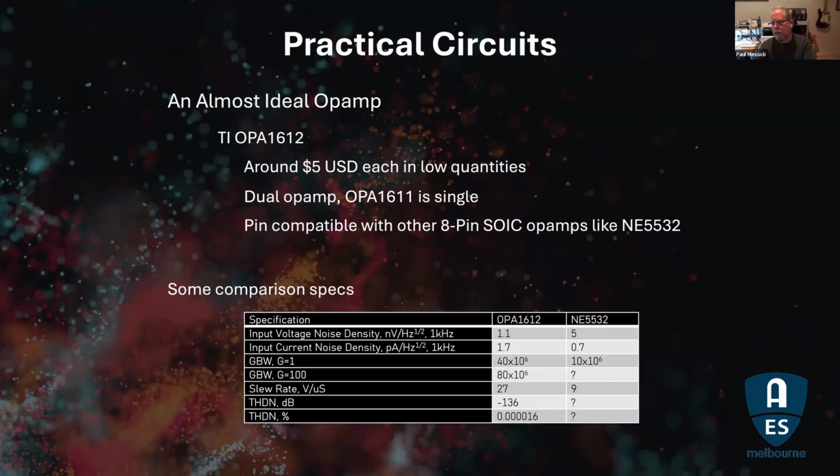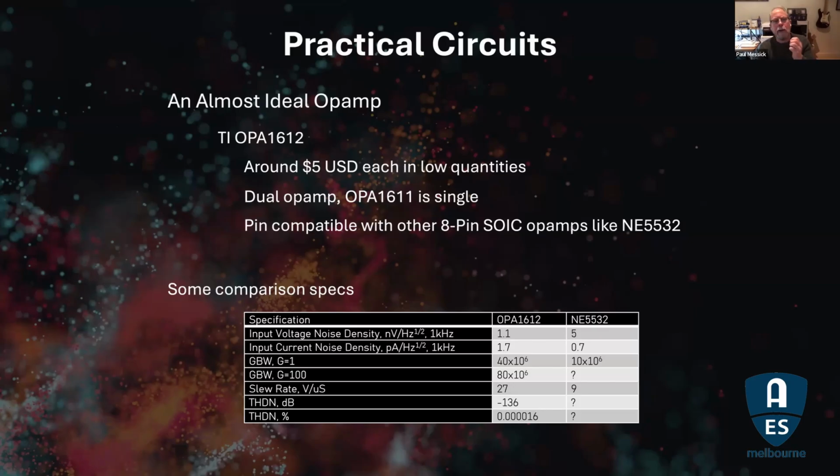If you're buying them by the reel, they're about $3.50 for 5,000 on a reel. So be sure to bring your American Express card. This is a dual op amp. The OPA1611, which is slightly cheaper, of course, is a single op amp.